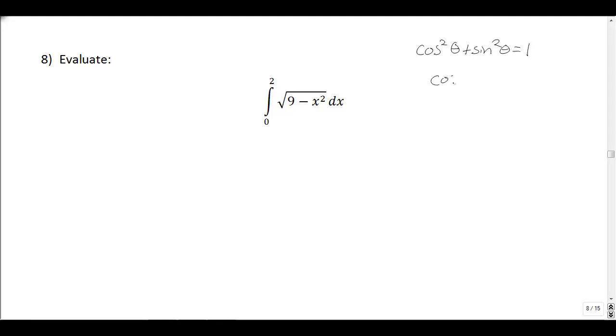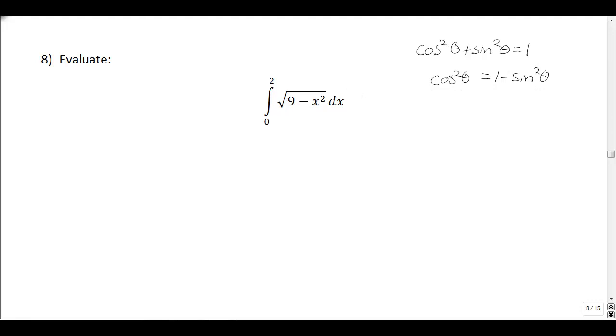You can rewrite this as cosine squared theta equals 1 minus sine squared theta. So anytime you have a constant minus something squared, we can make this something squared be a sine theta, essentially. And then the whole constant minus that thing squared, I can use a trig identity and get it to be a cosine squared. The square root will cancel the square. That'll work out really nicely.